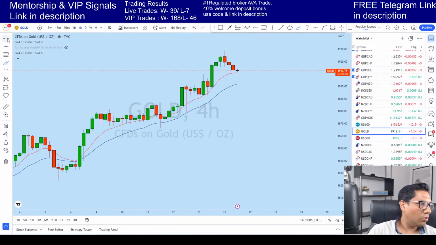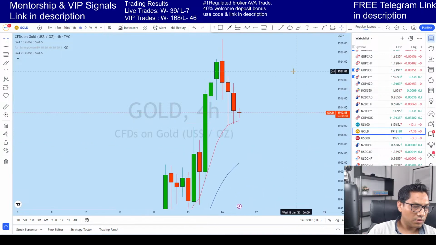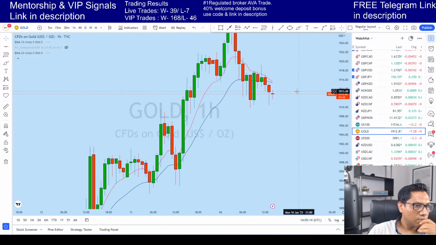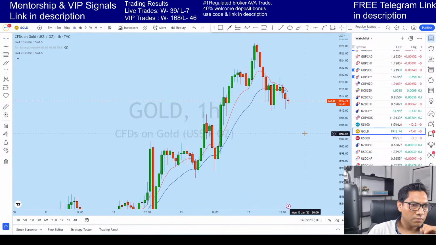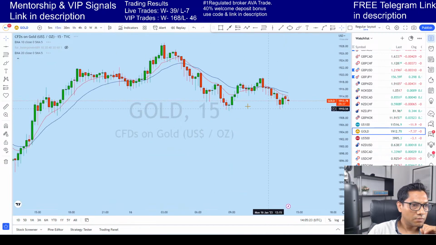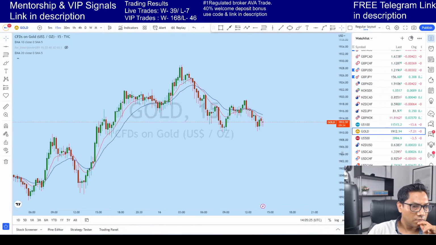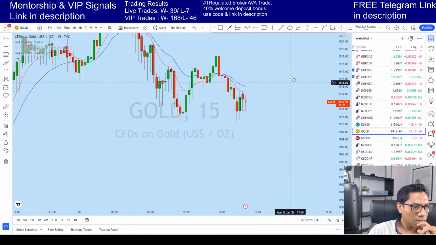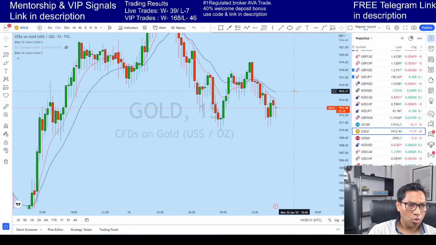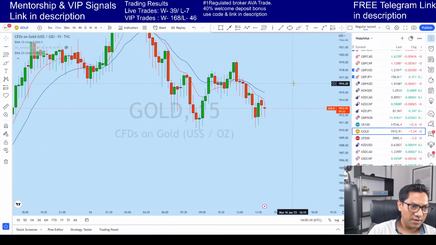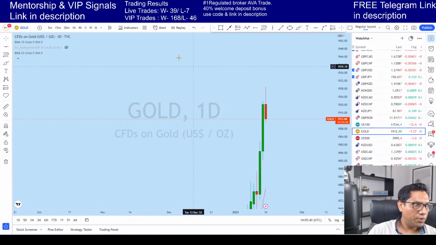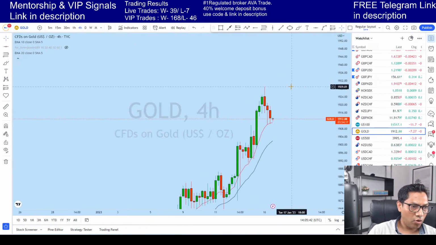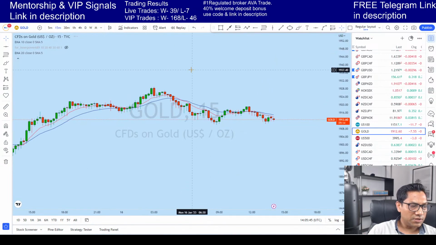With gold, let's look at gold. The candle closed. Looks to me, guys, that gold might drop. It looks like it is forming a reversal, but it's still not fully on it.